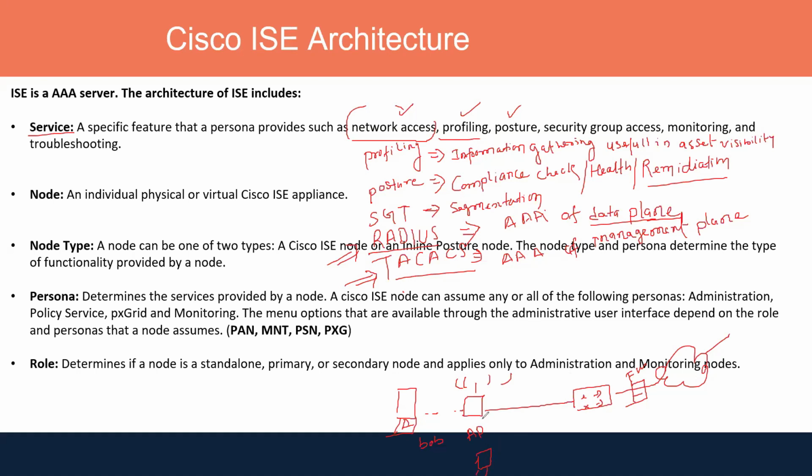Similarly, we have a Bob user who just wants to manage this AP. Basically, he wants admin login on this AP instead of accessing the SSID, or admin access on this switch, admin access on this firewall.